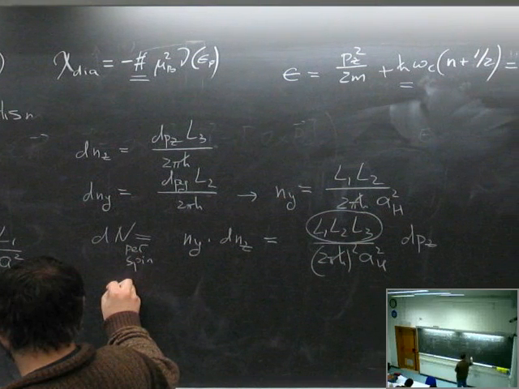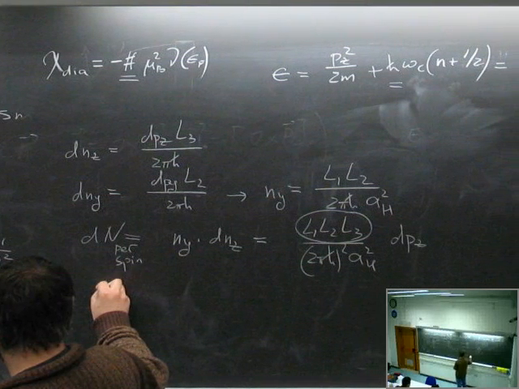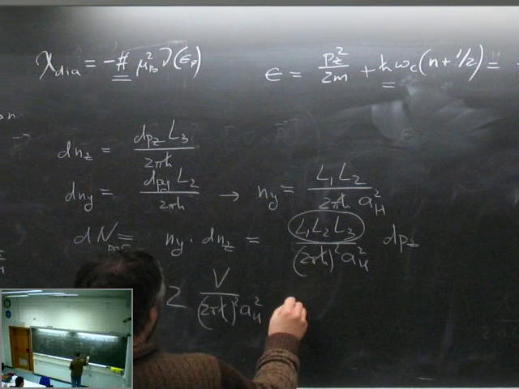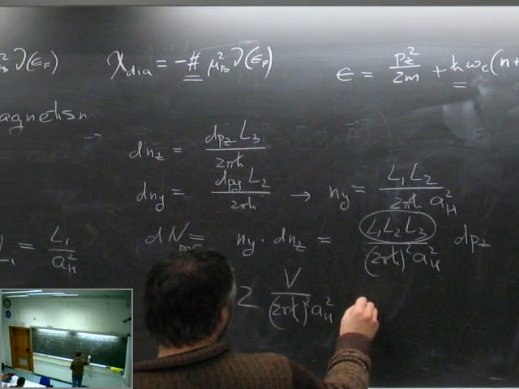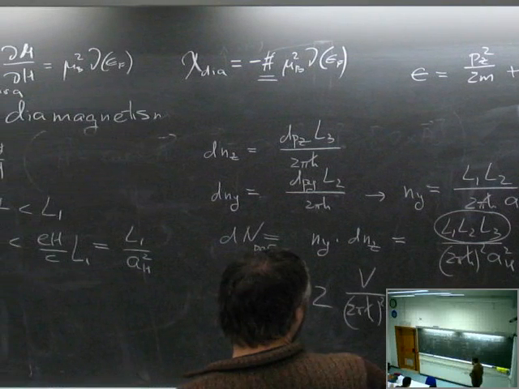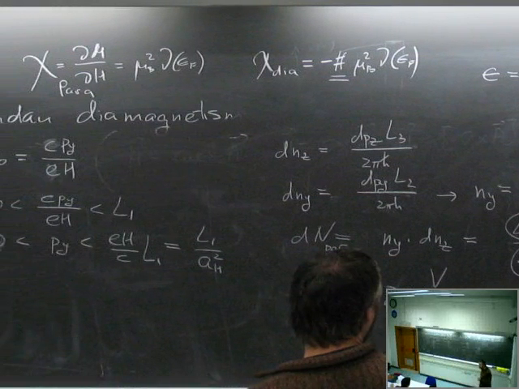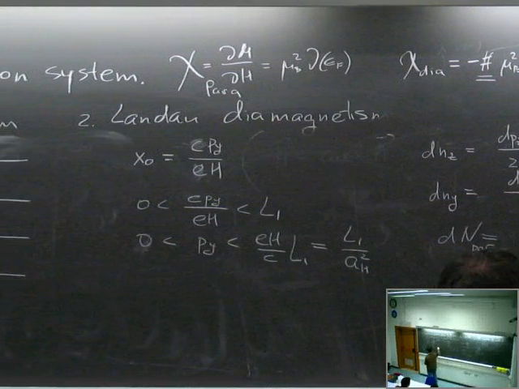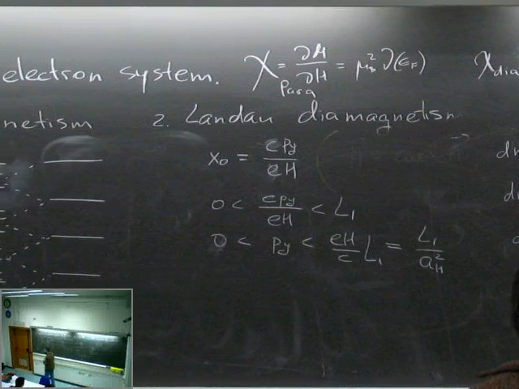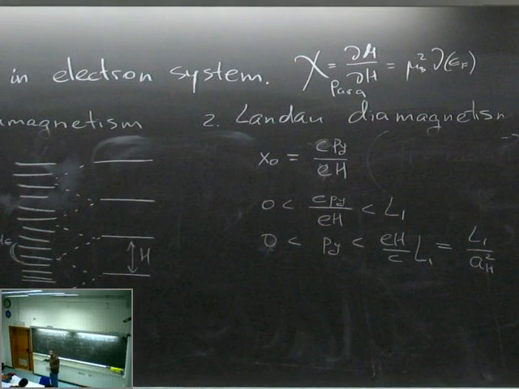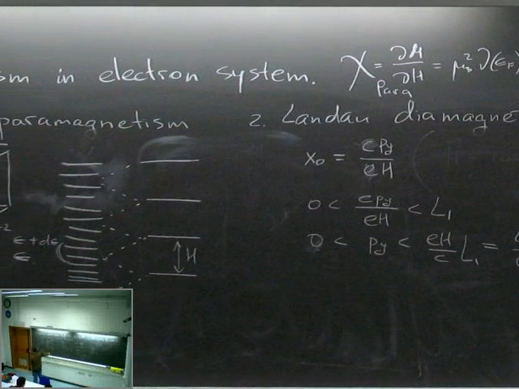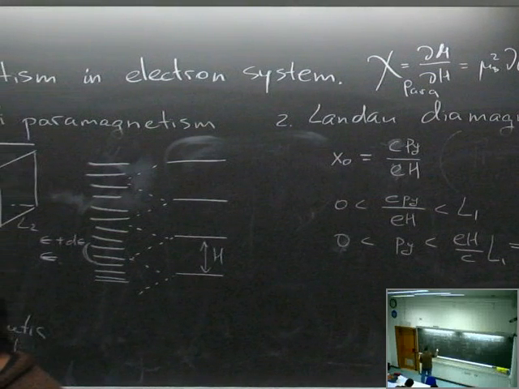This is volume over 2 pi h squared aH squared times dPz. So you see that the degeneracy occurring in the system is in fact proportional to magnetic field. So the larger the magnetic field is, the more levels are accumulated into Landau levels. So these are Landau levels.